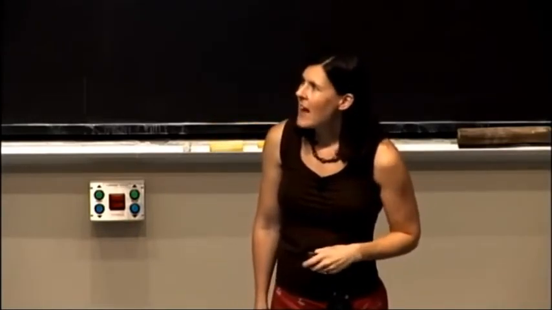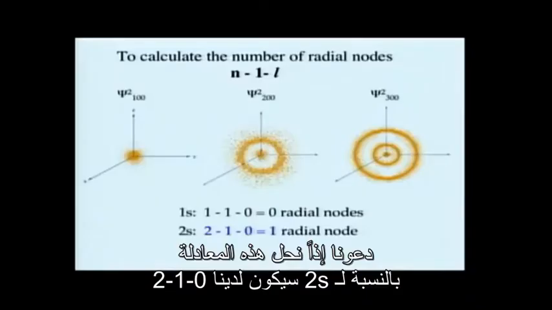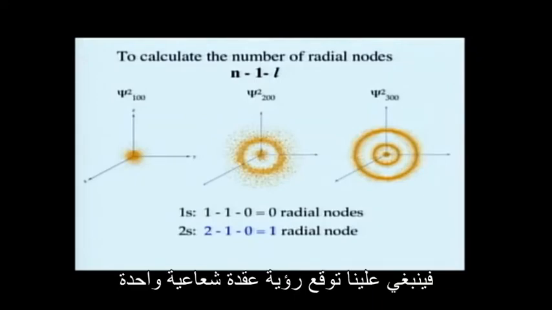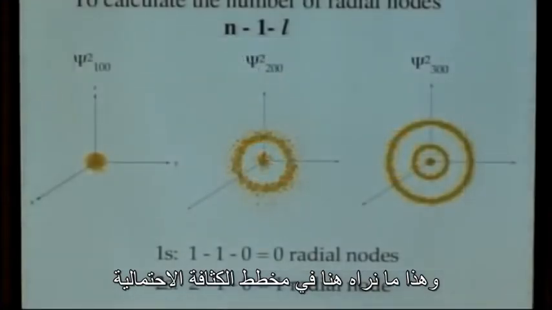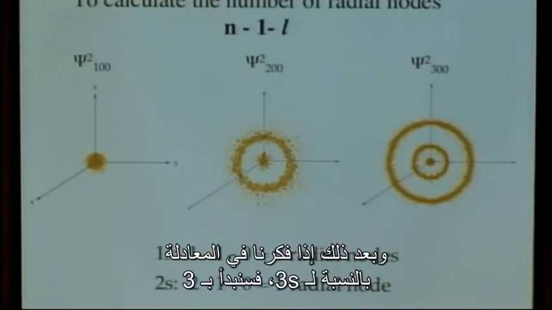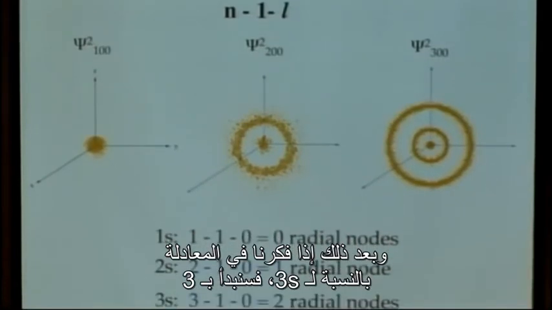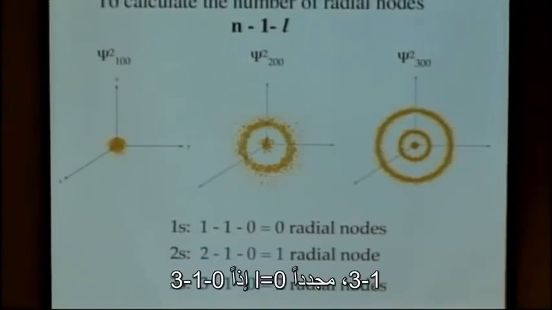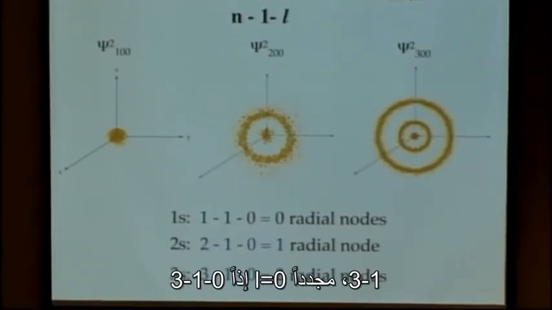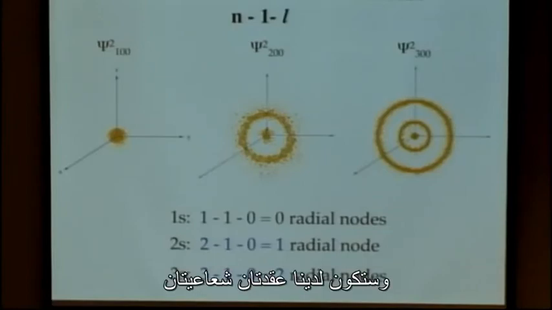And that matches up with what we saw. If we try this for the 2s, we have 2, minus 1, minus 0. So what we should expect to see is one radial node, and that is what we see here in the probability density plot. And then if we think about the 3s, we want to start with 3. We subtract 1. Again, L is equal to 0, so minus 0, and we have 2 radial nodes.